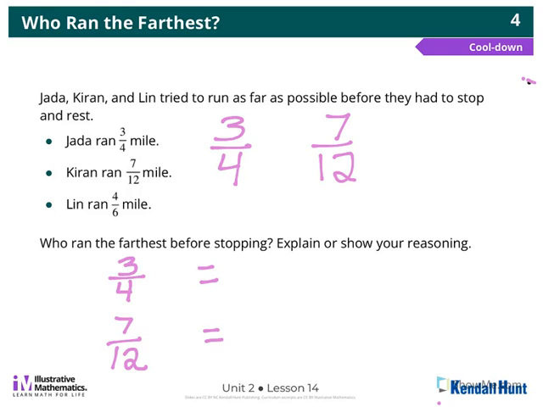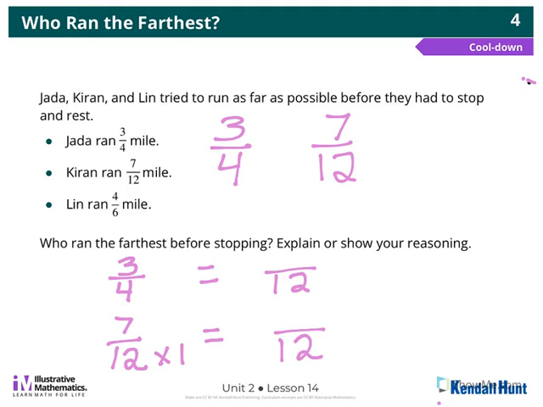So what number does 4 and 12 go into evenly? They both go into 12. So I'm going to use 12 to make my common or my equivalent fractions. So I'm going to think, okay, 12 times what number is 12? 12 times 1.